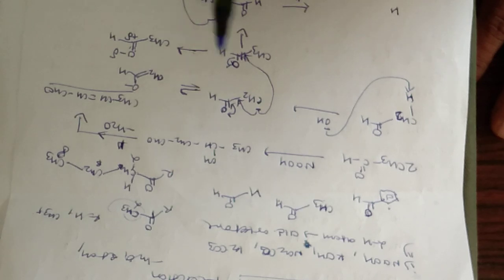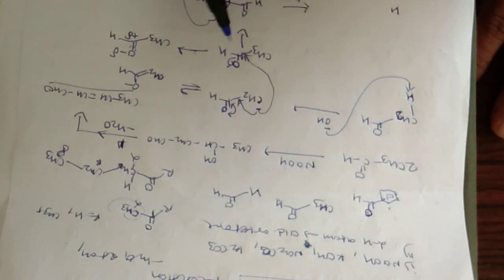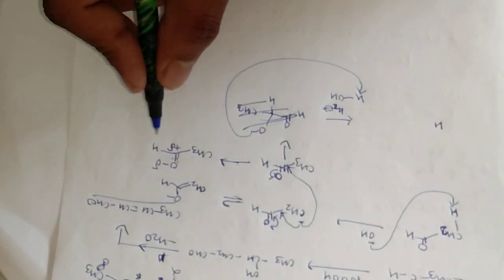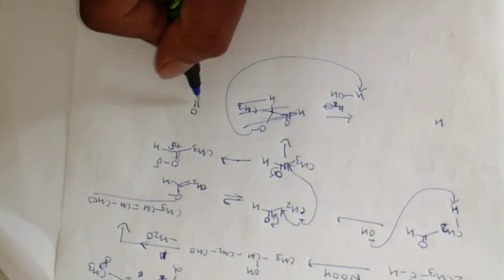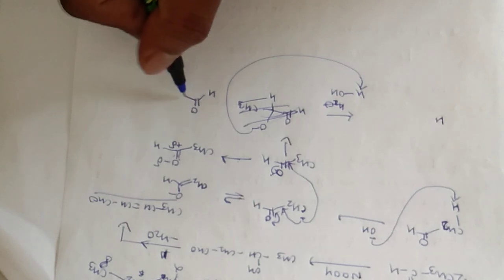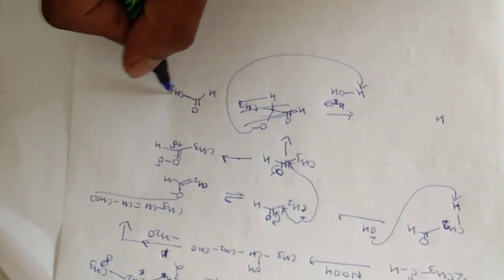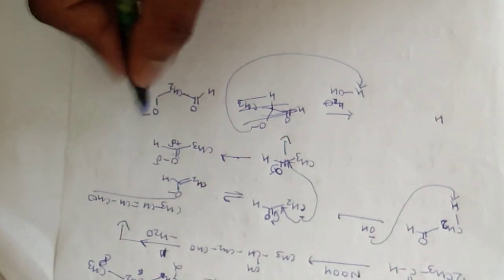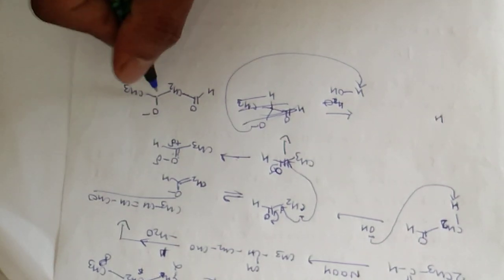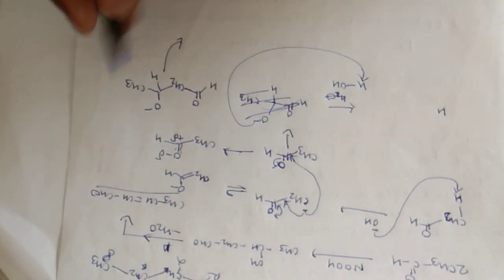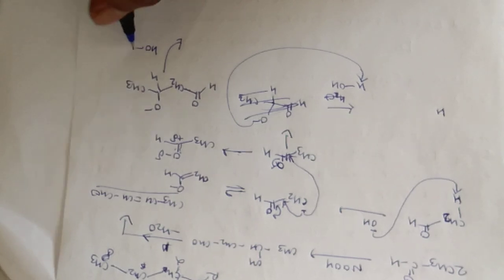Oh, one thing I missed. Sorry, I missed one carbon here. What will be formed? Here the double bond, O, H, and here CH2, I missed. The CH2 will attack on that carbon. Here O minus will form, here CH3 and here H. This oxygen negative will take a proton from water.